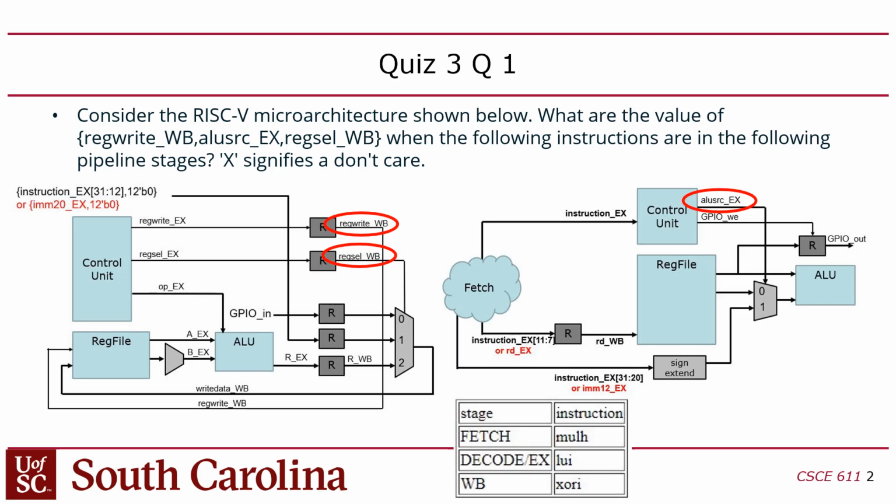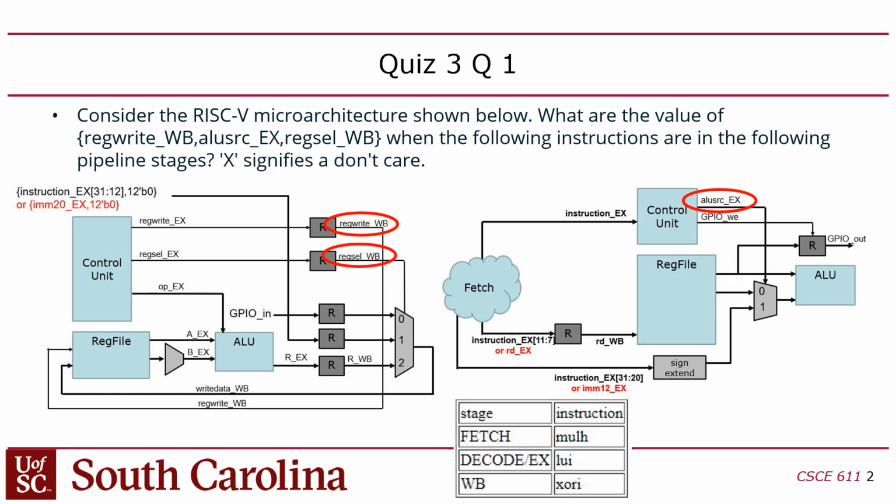Anyone know? Is that not like the 0 that it's pointing to? LUI just takes the immediate and sticks it in the register. It doesn't use the ALU. So ALU source is a don't care. It's not doing anything with the ALU. It bypasses the ALU. In fact, it uses this mux to bypass, because as long as this mux isn't set to 2, whatever the ALU is spitting out is going to get ignored.